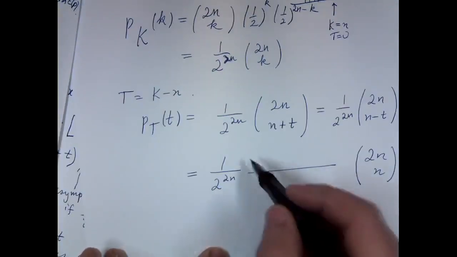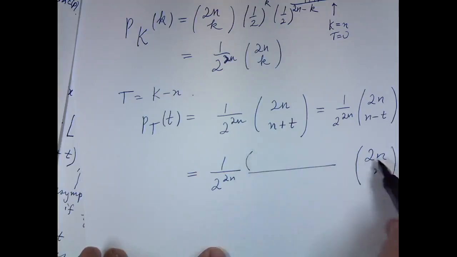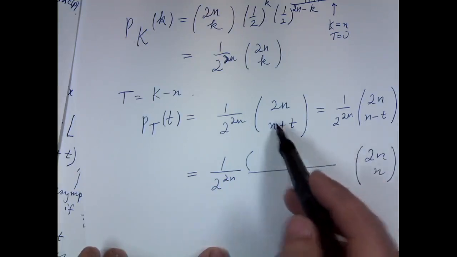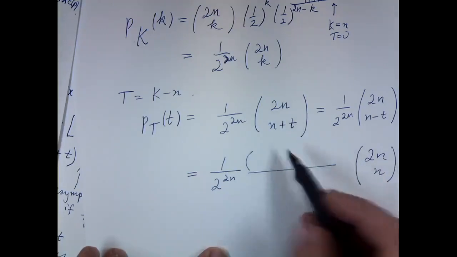This thing has n factors on the top and n factors on the bottom. I want n extra factors on the top and n extra factors on the bottom.